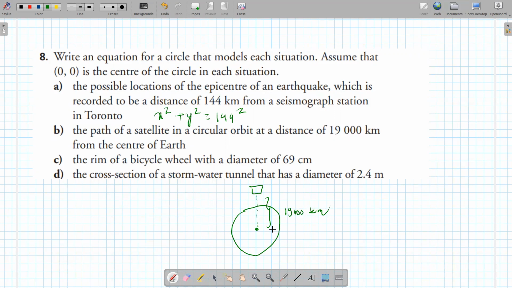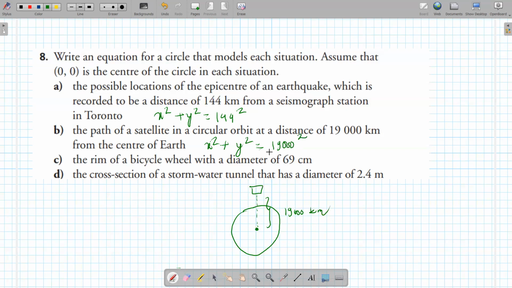So is that our radius or is that our diameter or what's going on here? That's our radius. So you just do r squared.